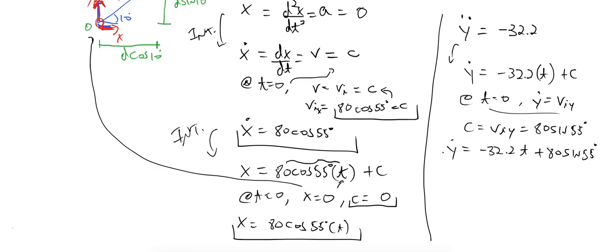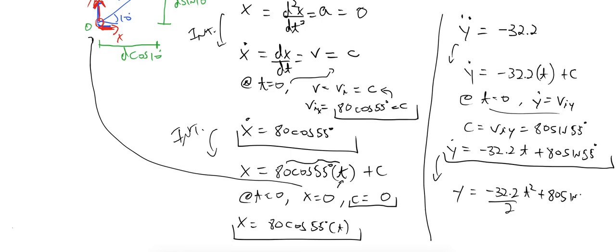Boom. We got our expression for velocity. We integrate again to get our position. This time we get a denominator of 2 because we get the square divided by 2, plus 80 sine of 55. I'm sorry, I don't know why I was thinking 45, 55.